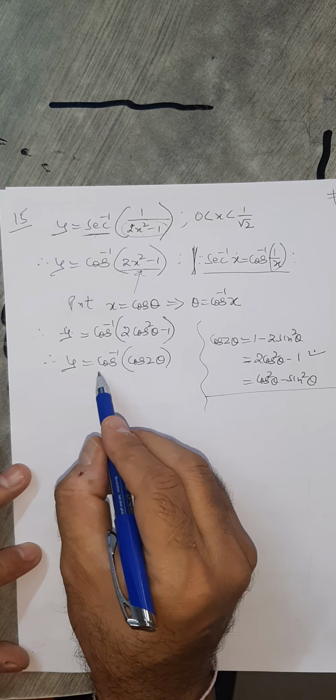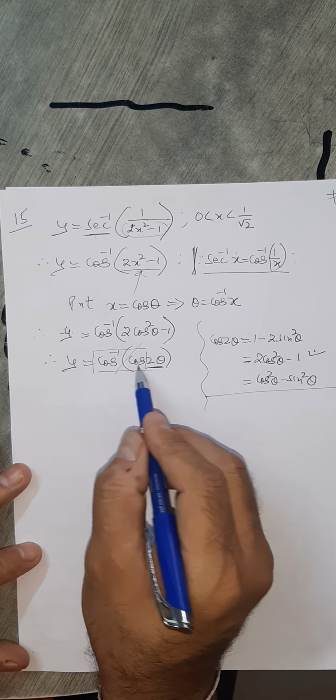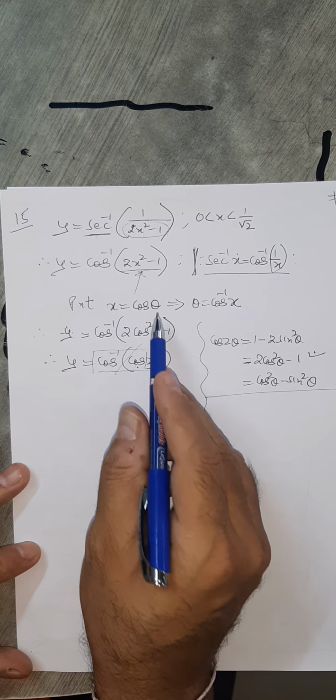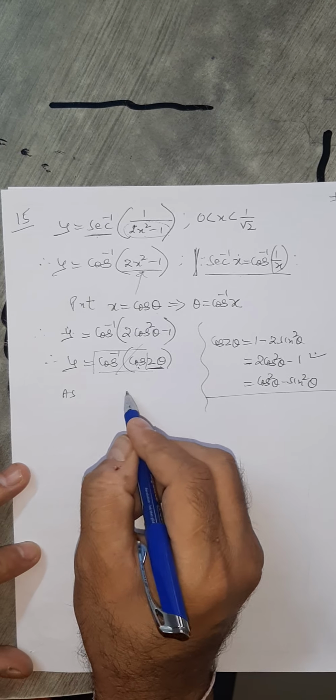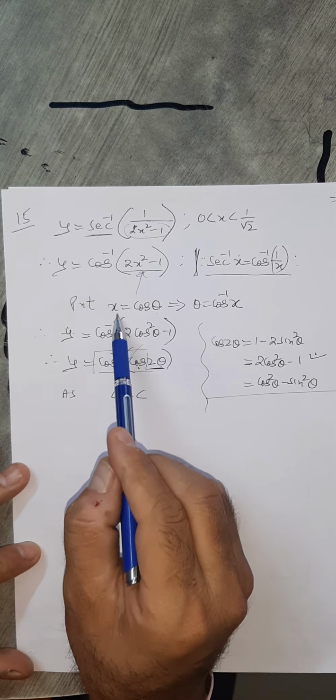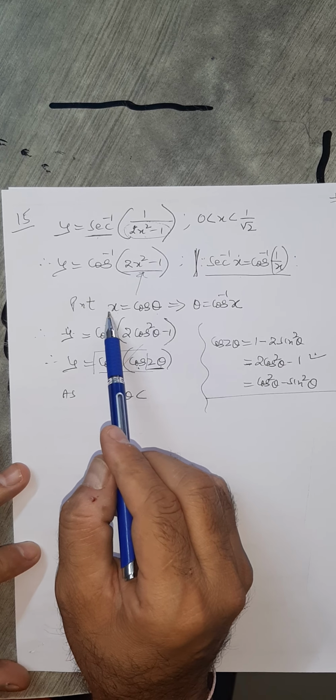Okay. Now can we cancel these two? Answer is yes, only when 2 theta is in the domain of this function, cos function. So go back to theta. Let's come to theta. Put 0 here. Cos theta equals to 0. So what you will get? You'll get the pi by 2.